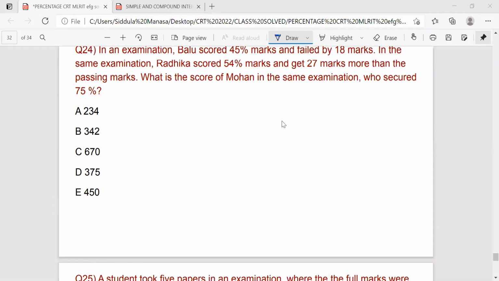In the same examination, Radhika scored 54% of the marks but got 27 marks more than the passing marks. What is the score of Mohan in the same examination who secured 75%? So this is the question. So students, I am expecting an answer from your end. 2 minutes time. Respond with your answer.